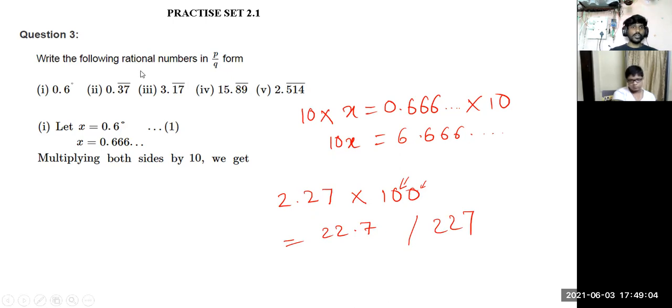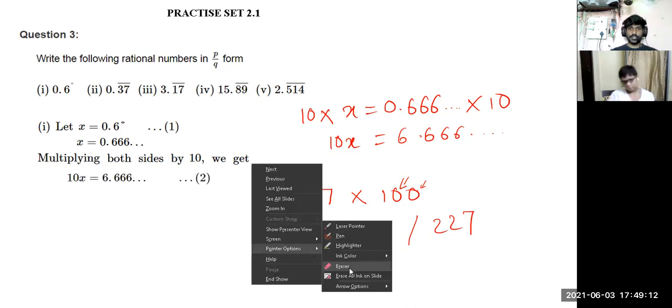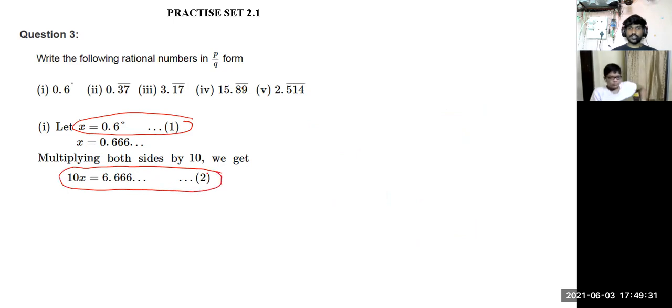So now you know, after multiplying 10 on both the sides, our new equation would be 10x is equal to 6.66666. Is this clear up to here? Yes, sir. Okay. The first way we considered x is equal to 0.6 recurring, take it to be equation 1. And after multiplying 10 on both the sides, we got 10x is equal to 6.666, take it to be equation 2.